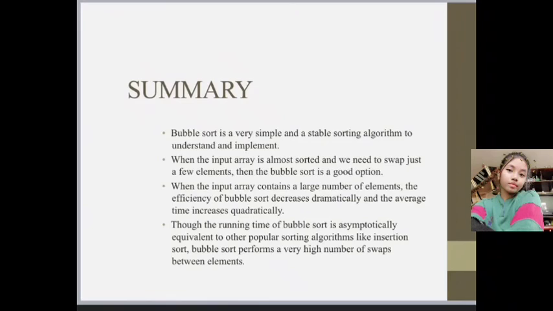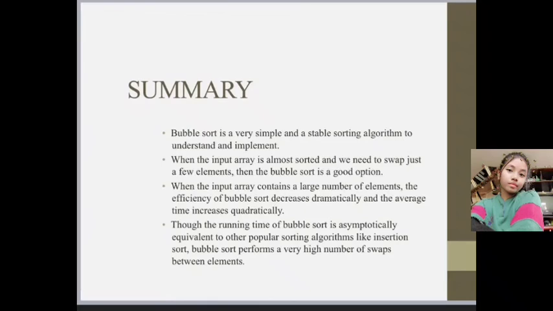So to sum up, bubble sort is a very simple and stable sorting algorithm to understand and implement. When the input array is almost sorted and we need to swap just a few elements, then bubble sort is a good option.